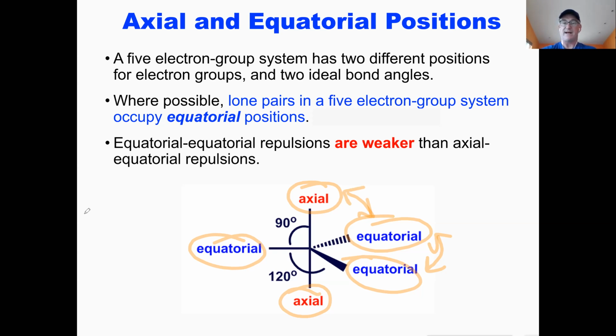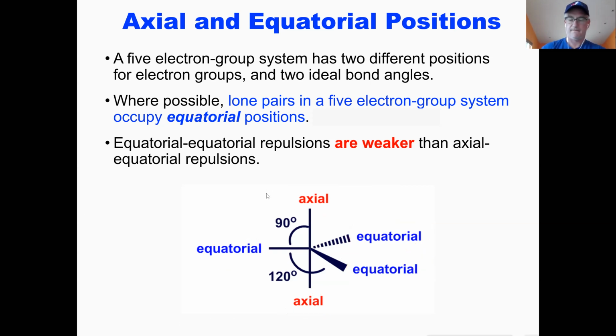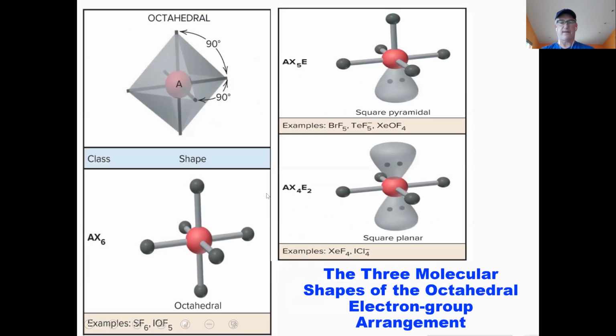There's only a 90-degree angle between axial and equatorial, there's a 120-degree difference between the three equatorial groups, okay? Let me clear that. So you get more separation there.